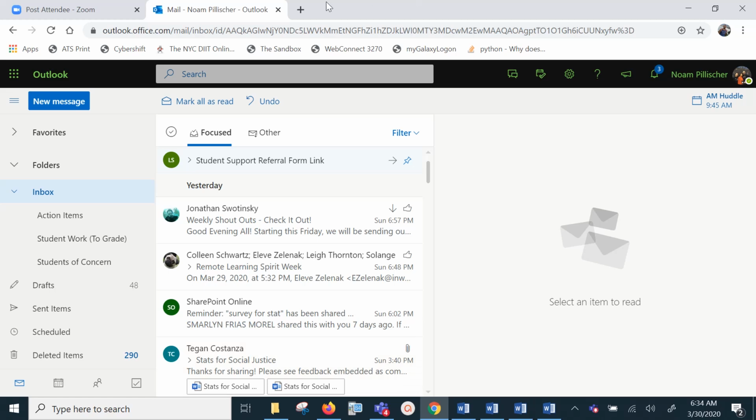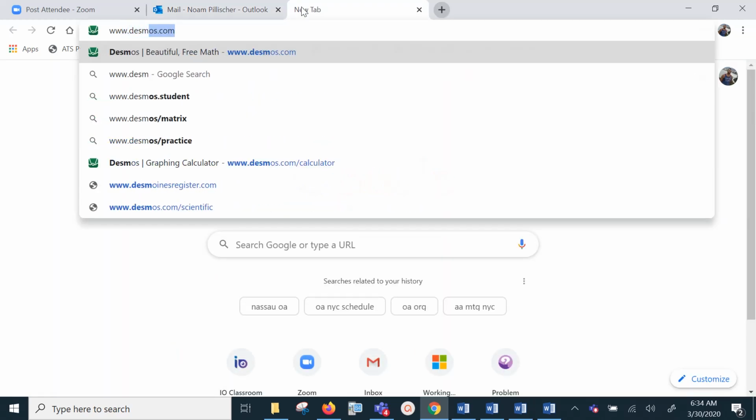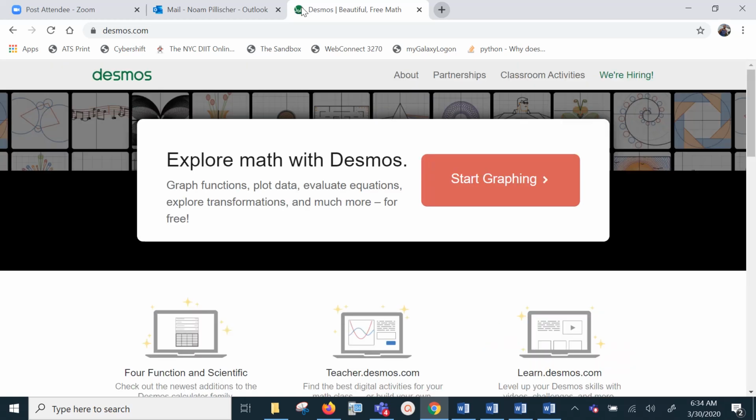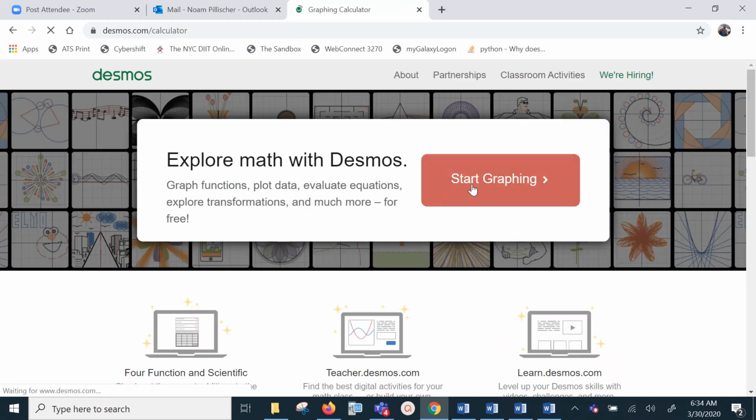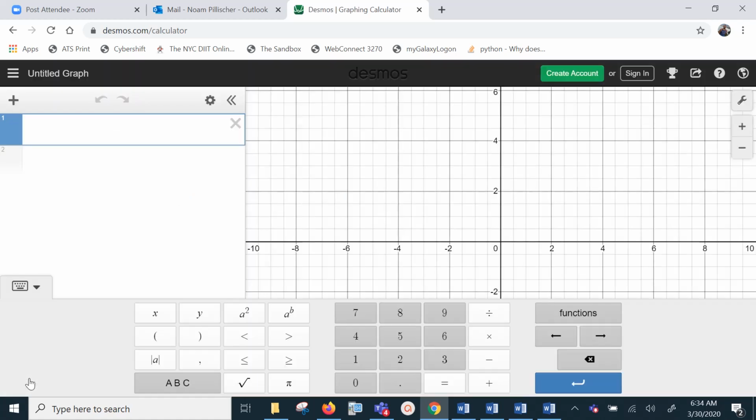So we go to Desmos. You go to start graphing. And we put in our equation, right?